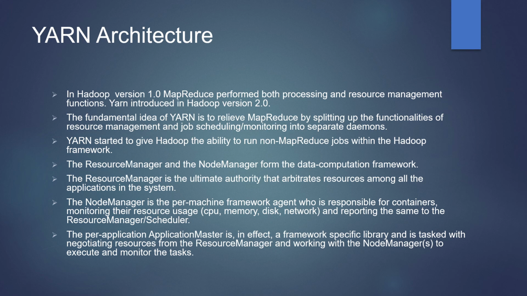The per-application master is a framework-specific library and its task is to negotiate resources from the resource manager and work with the node managers to execute and monitor tasks. For every application submitted, we will have an application master specific to that application.